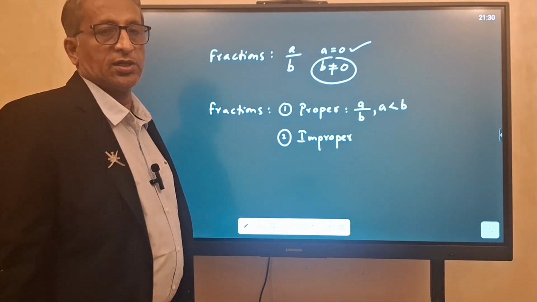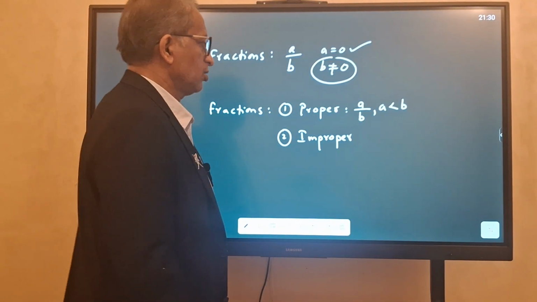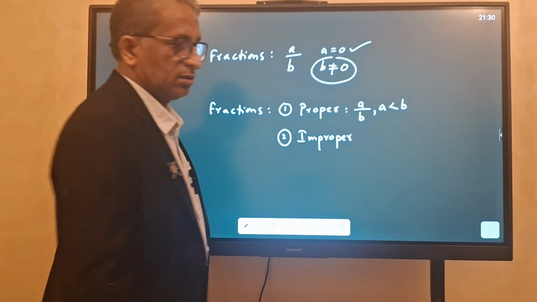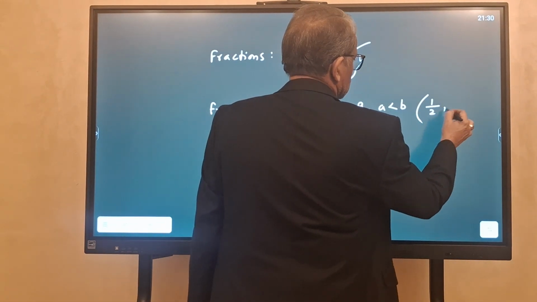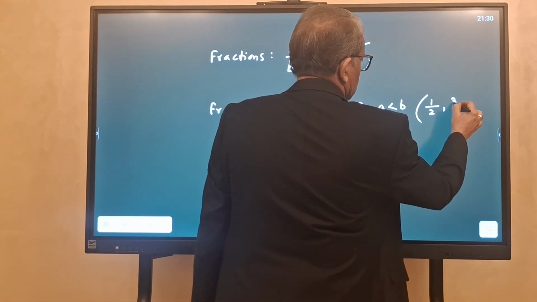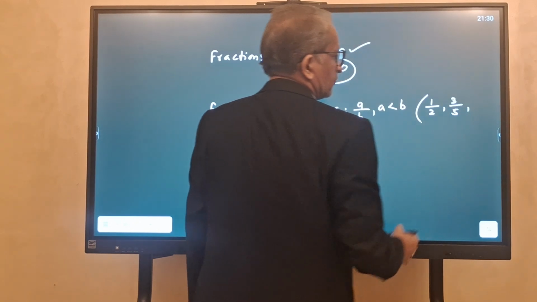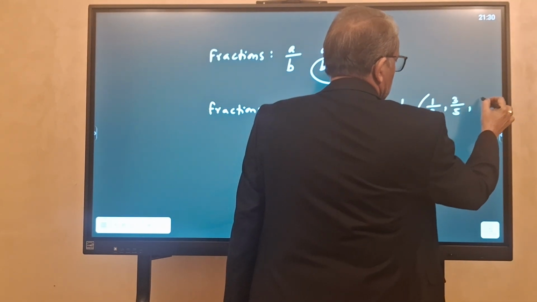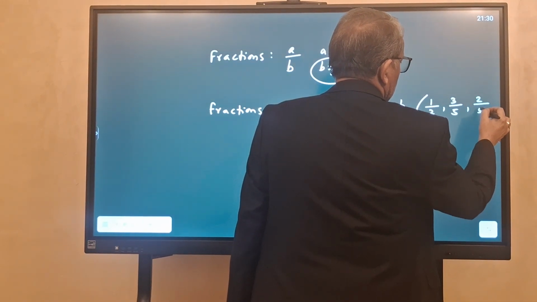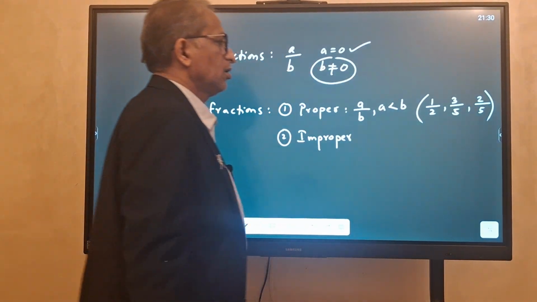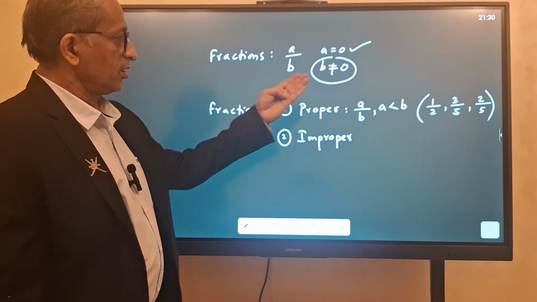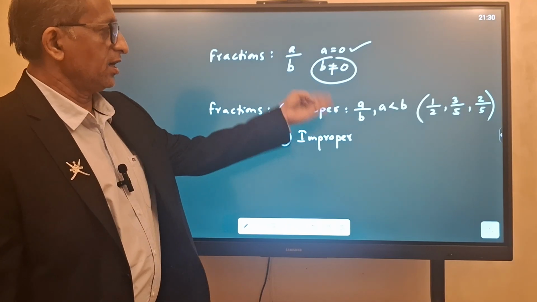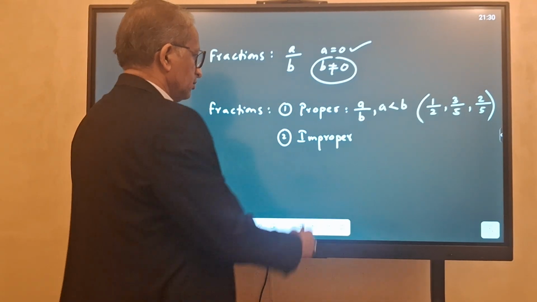That is, the numerator should be less than the denominator. For example, 1 by 2, 3 by 5, 2 by 5. These are all the proper fractions, where the numerator is less than the denominator.